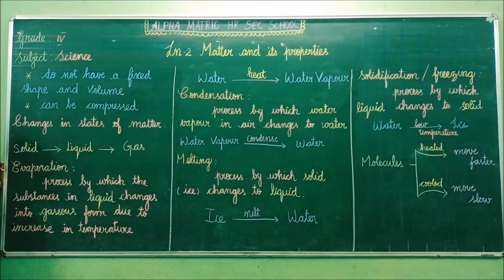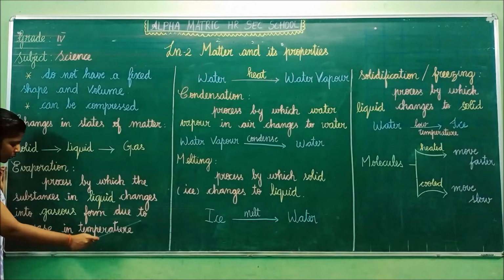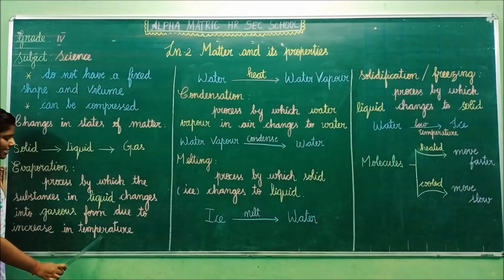What is the first process? Evaporation. Say the spelling. E-V-A-P-O-R-A-T-I-O-N. Evaporation. See here, the process by which substances in liquid change into gaseous form due to increase in temperature.